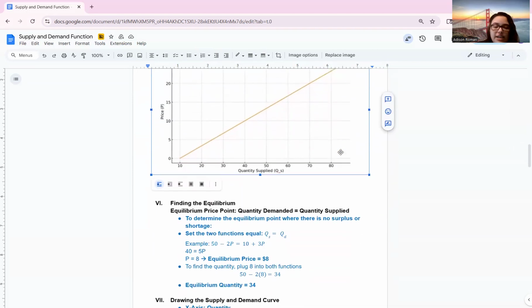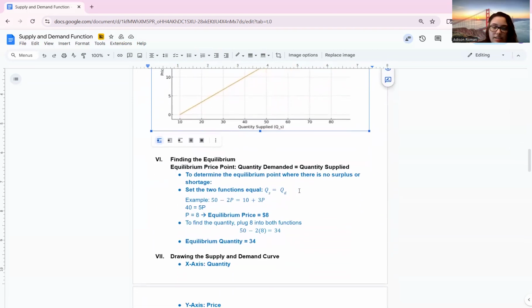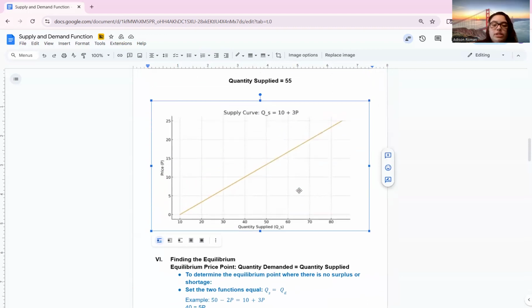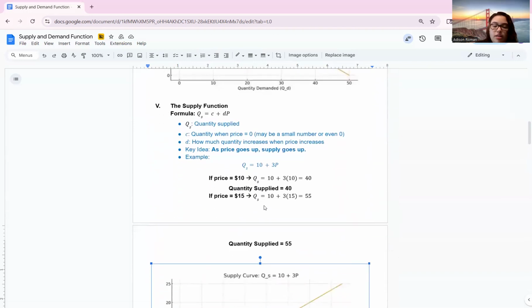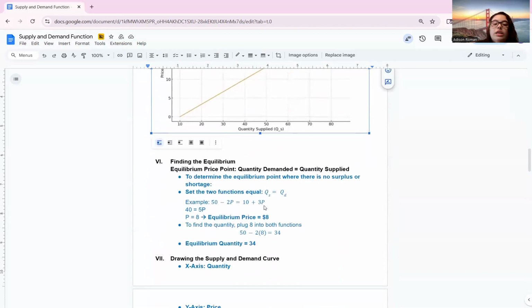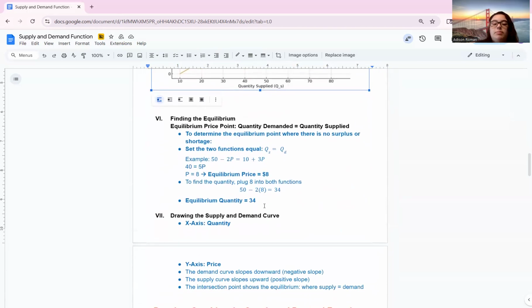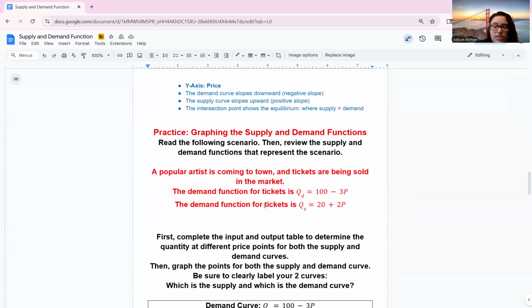And the last thing that you're going to take a look at on these graphs is the equilibrium point. So this is going to be the price point where quantity demanded is going to equal quantity supplied. So if we were to graph both our supply curve and our demand curve on the same graph, our equilibrium point is going to be the point where those intersect.